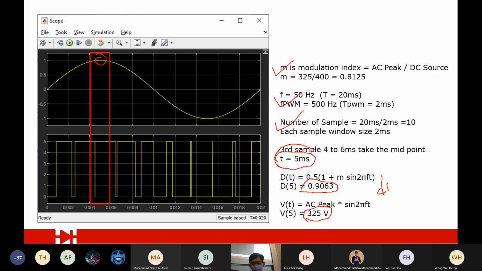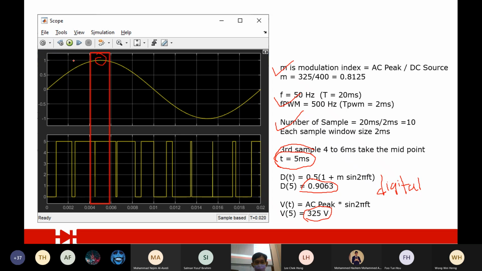In other words, we call it digital. This is a digital value, right? In duty cycle 0.9, and this 0.9 represents the AC or the analog side of 325 volts.